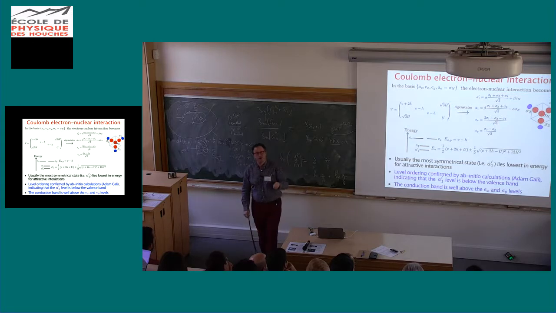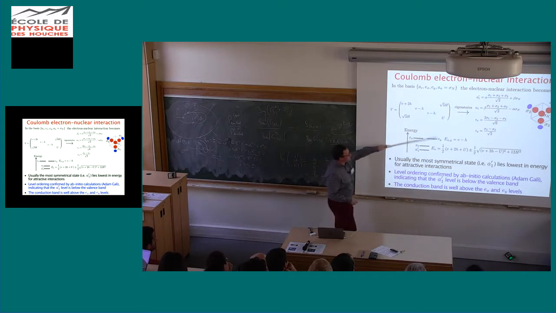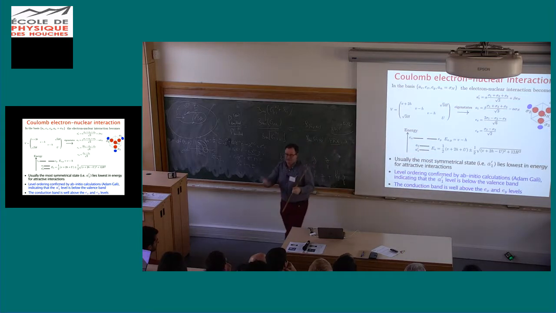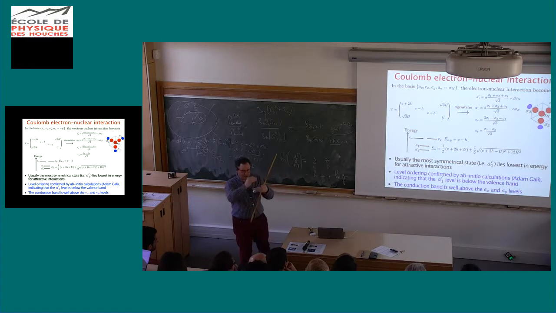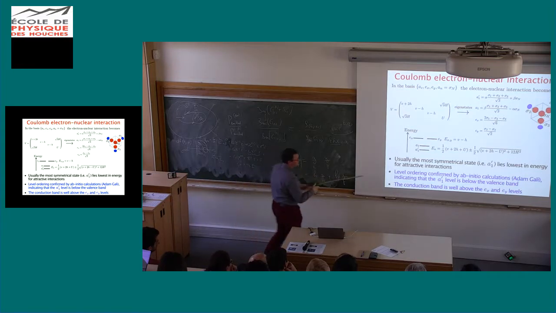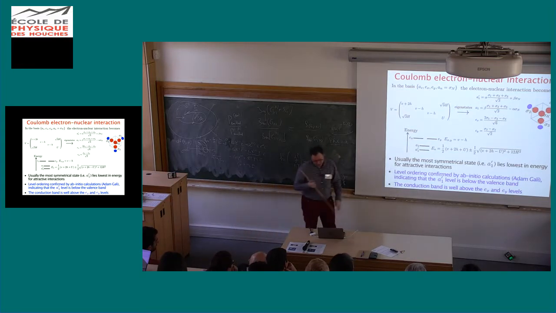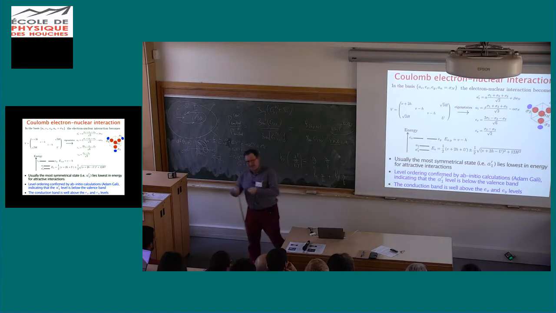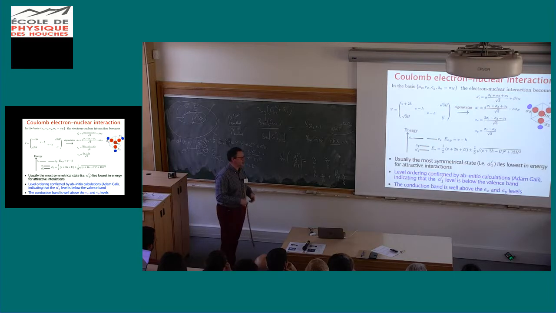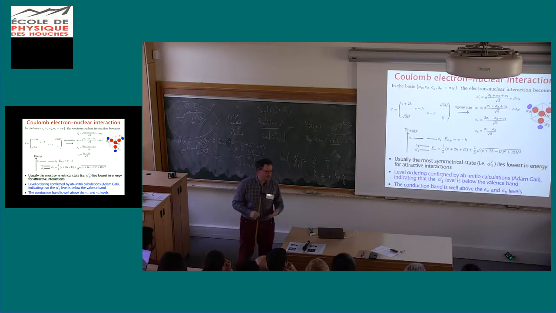But then I have a problem. It is quite difficult to know which will be the lowest state. You have some very general rules to order all these levels. But usually what people do is go to another tool in the toolbox, which is ab initio calculation, like using, for instance, density functional theory.